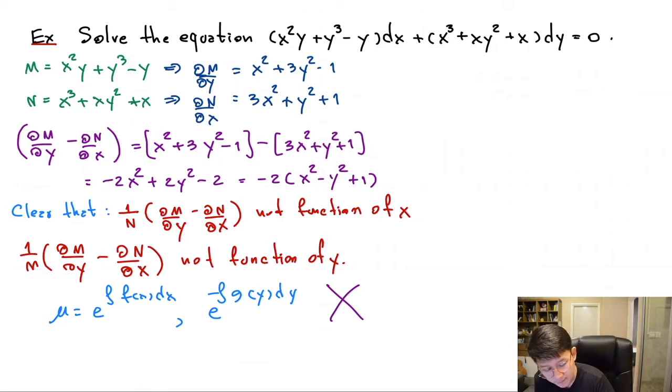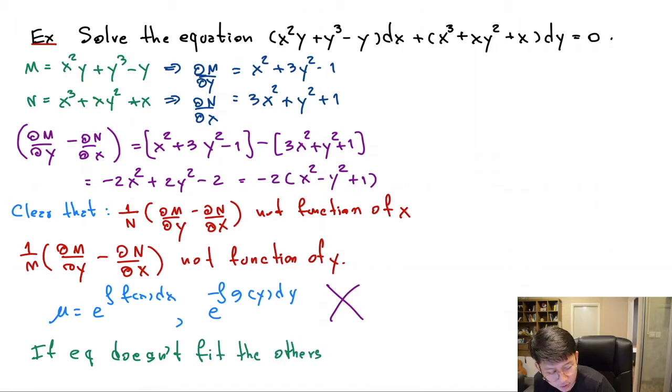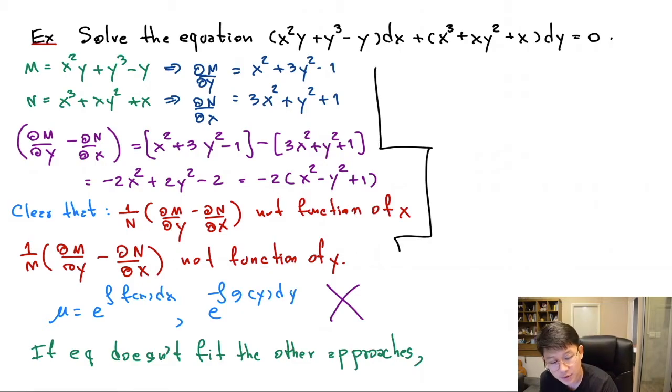So if the equation doesn't fit the other approaches, then we need to go back to the observation method.